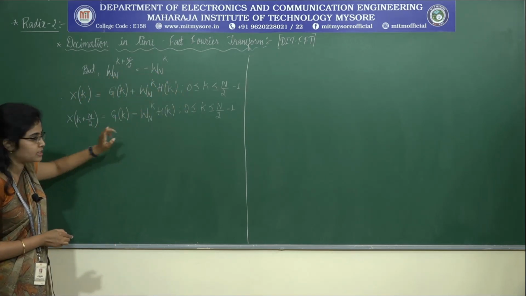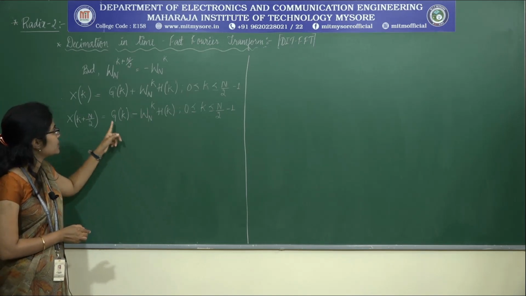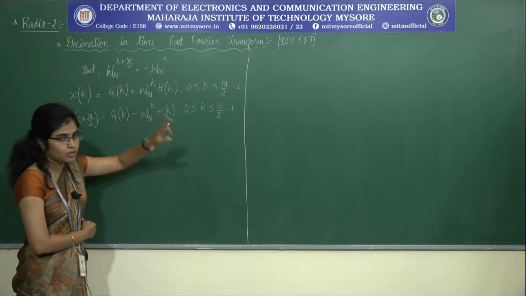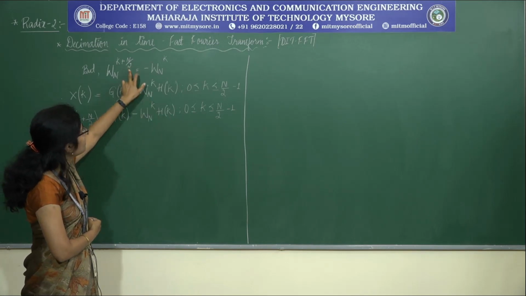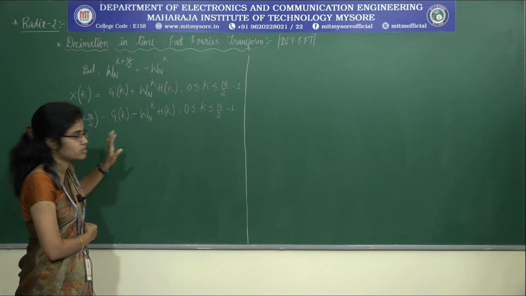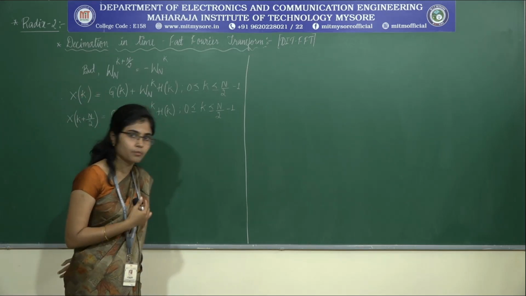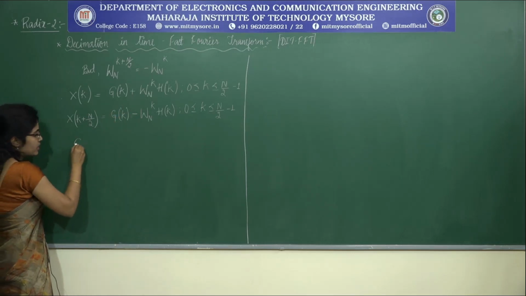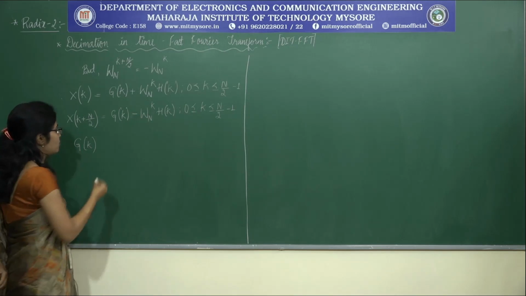This equation is nothing but the last X of k plus N by 2 equation. So from periodicity property, I substituted G of k plus N by 2 as G of k, H of k plus N by 2 as H of k, omega N to the power of k plus N by 2 is nothing but equal to this. I have substituted this. So what we did, we reduced N point DFT to N by 2 and N by 2 point DFT. Now let us take G of k and let us try to divide that into N by 4 and N by 4 point DFT.